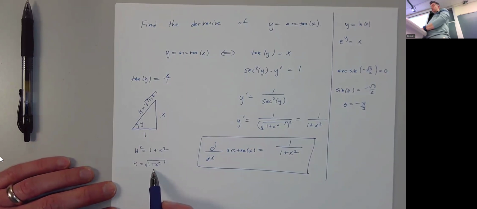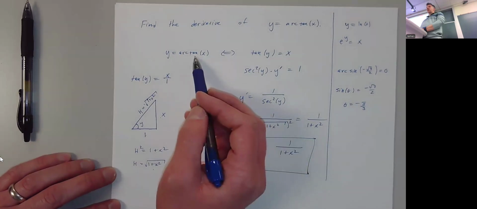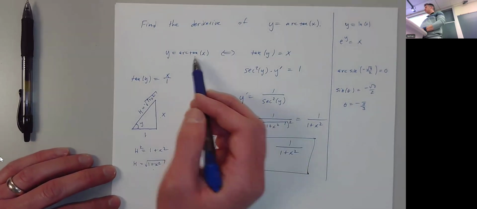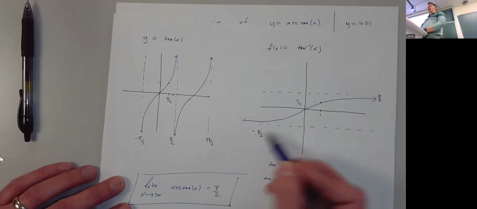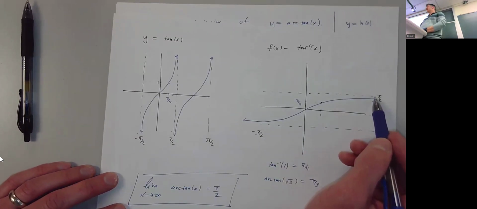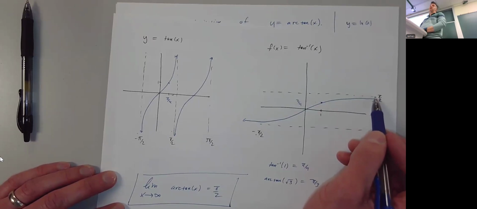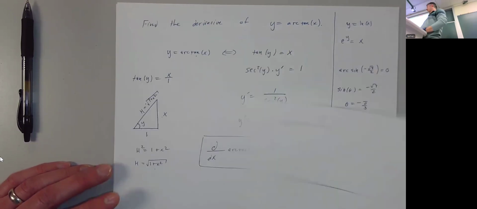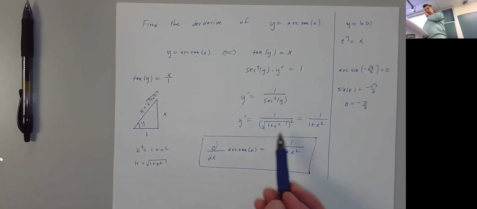However, since my inverse tangent function gives me angles between negative pi over 2 and pi over 2, which are in quadrants 4 and 1, secant of an angle in quadrant 4 or quadrant 1 is always going to be positive anyway. So I didn't actually need to worry about it being plus or minus, because the secant part takes care of it. Also, the whole thing getting squared takes care of it.